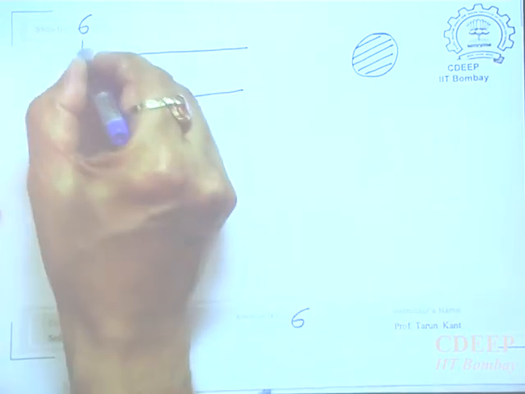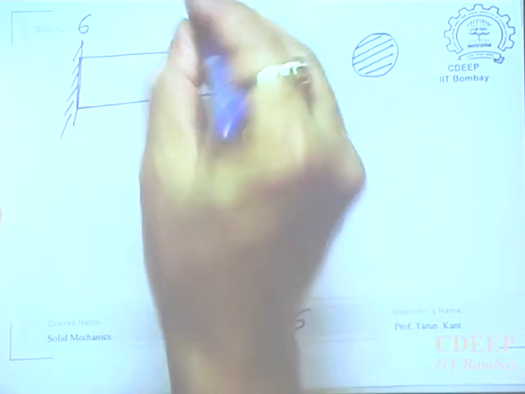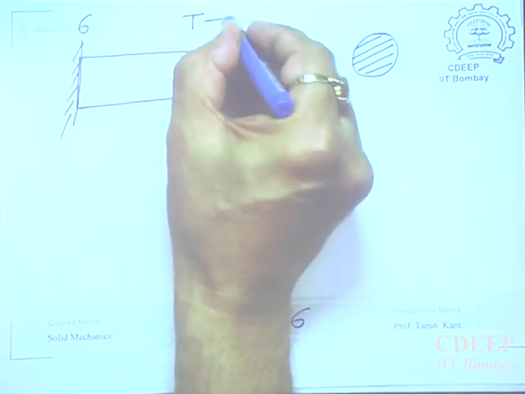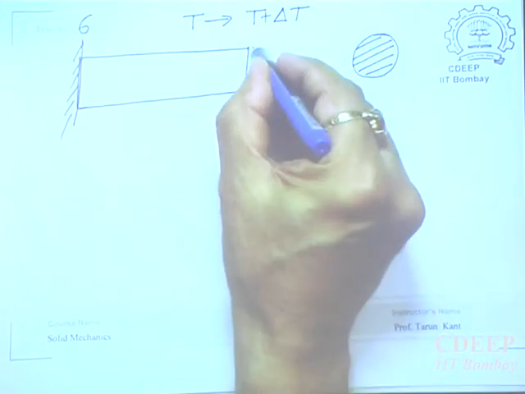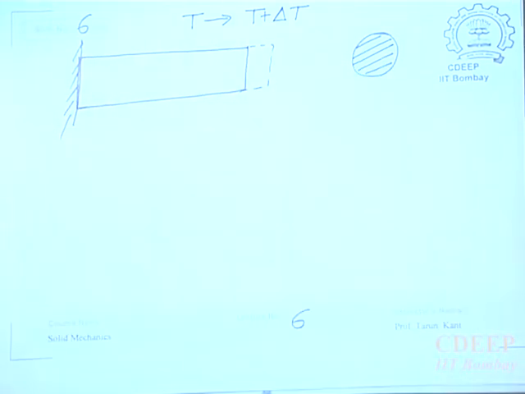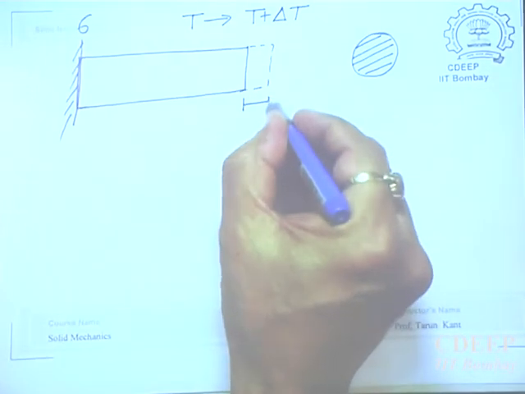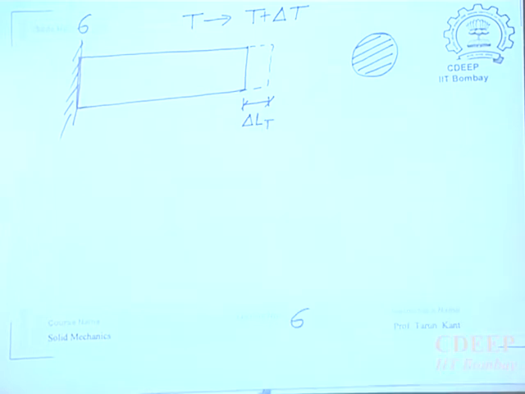Let us say I fix this one end and raise the temperature from T to T plus delta T, then this will expand. Let us say lateral strain is very small compared to length, which is very large. So this will be delta L T, which can be found out. It is a free expansion, no stress, strain is there.